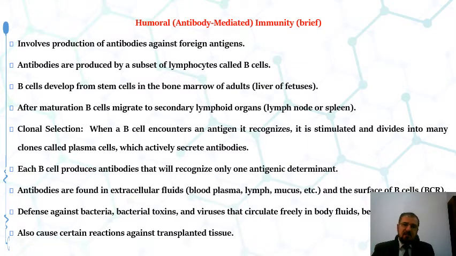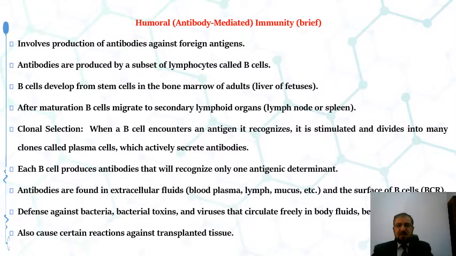Then the transitional 1 B lymphocyte transforms into a transitional 2 B lymphocyte. Furthermore, the transitional 2 B lymphocyte differentiates into one of 2 types: marginal B lymphocyte or follicular B lymphocyte. These marginal and follicular B lymphocytes are naive, mature B cells.